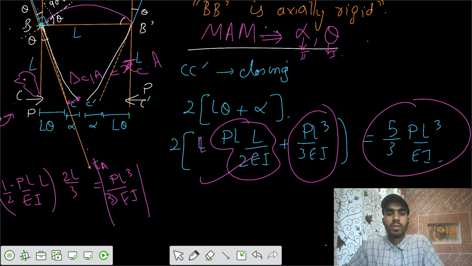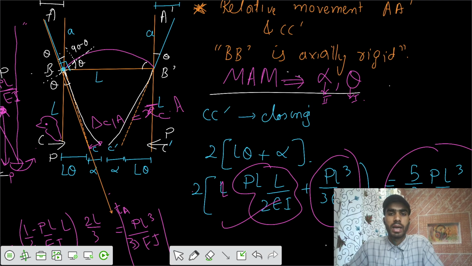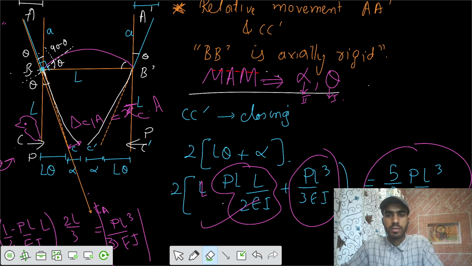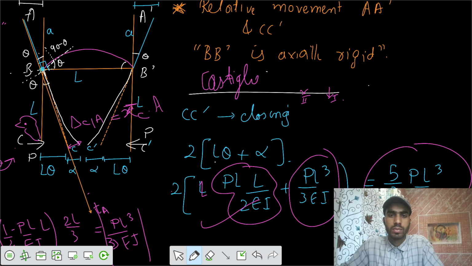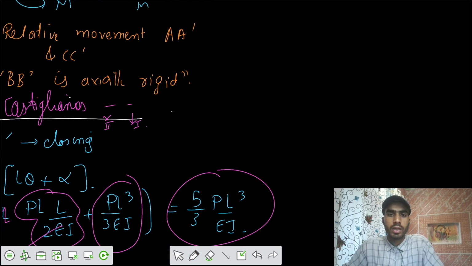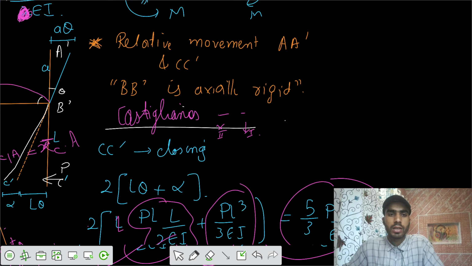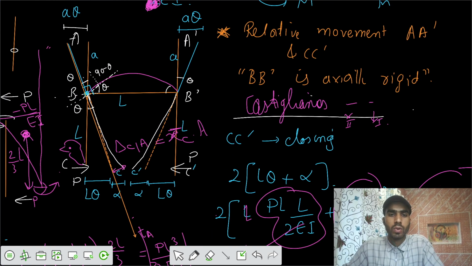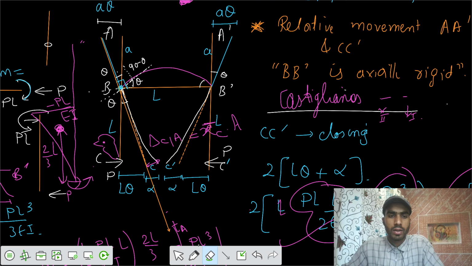Now let's solve this one again by Castigliano's method. Castigliano's theorem. For the relative movement of A dash, there was no load acting, so you have to show that also.